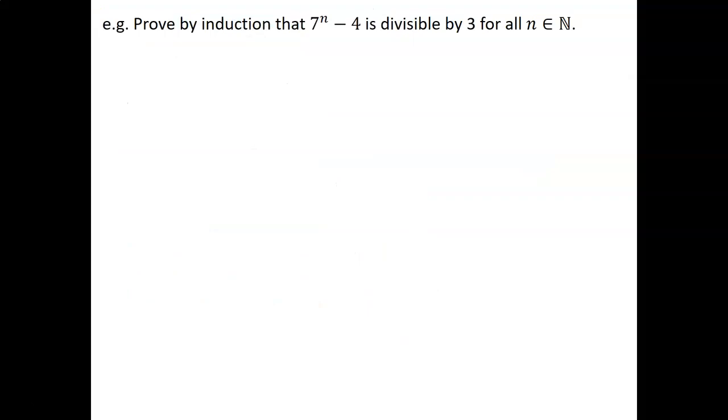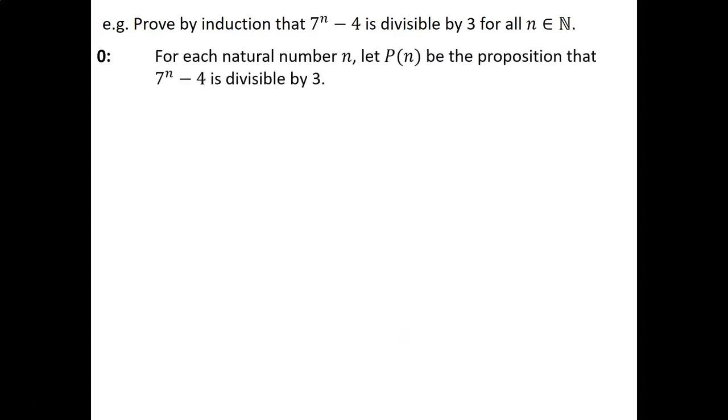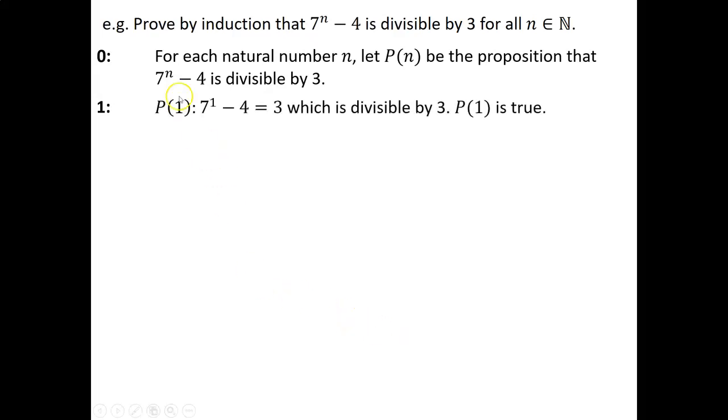Okay, so we can use proof by induction to show that certain expressions are divisible by certain numbers. So let's start with our 0th step, define our proposition. First step, substitute in n equals 1. 7 to the power of 1 minus 4 equals 3, which is divisible by 3.